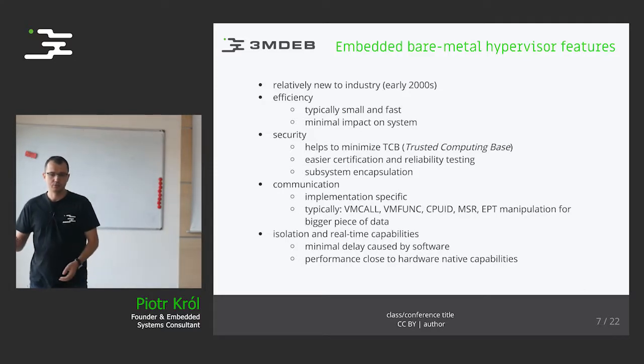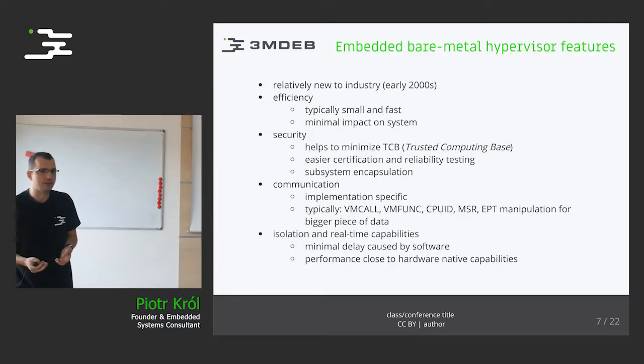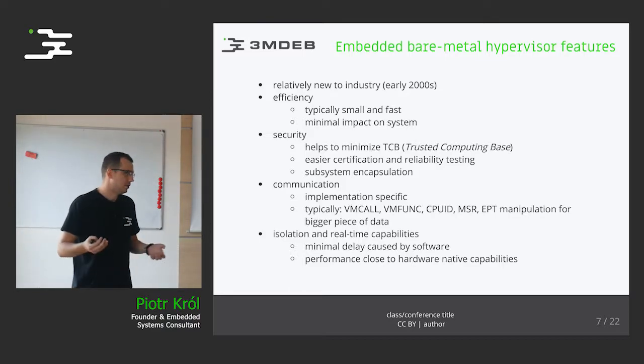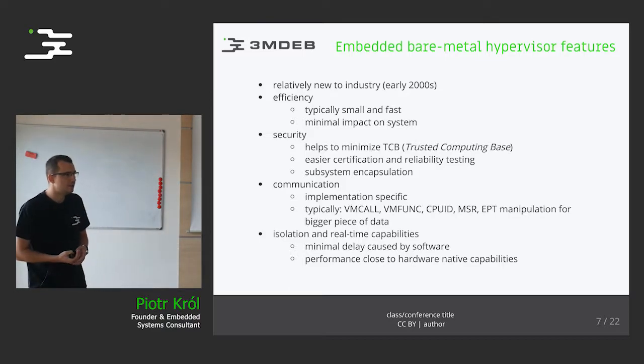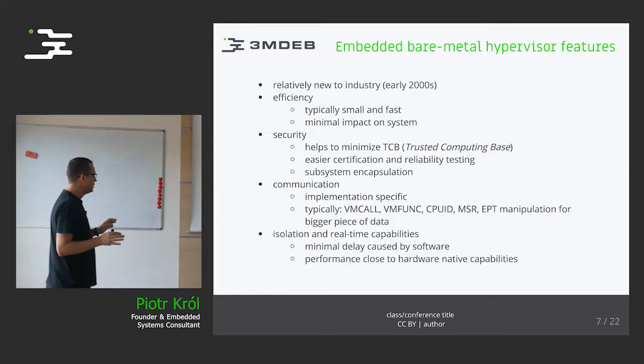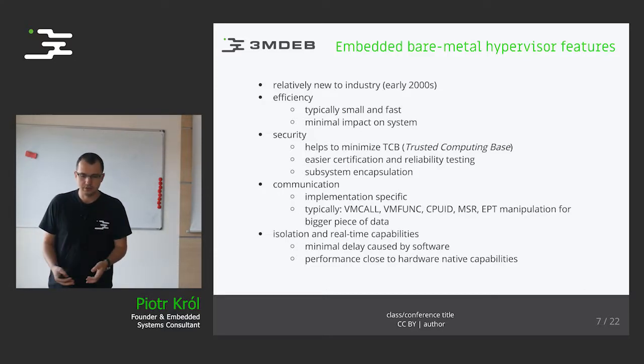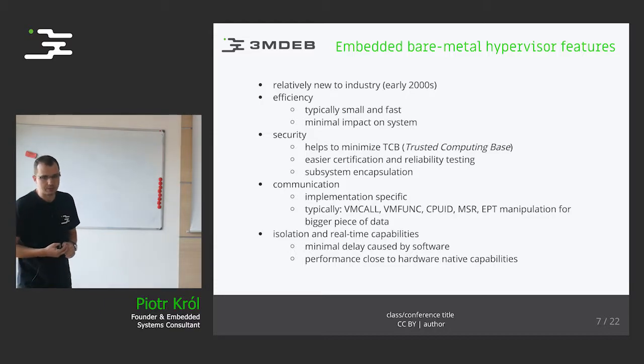When we compare that to, let's say, IBM mainframe hypervisors, those were invented in the 60s or something. So this is a big difference. Virtualization has been on the market for a very long time, but its use in embedded has only risen over the last 20 years.